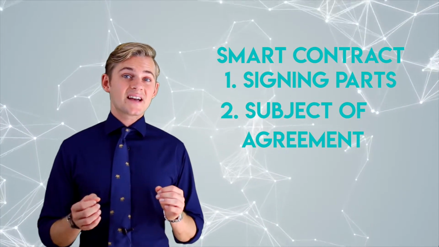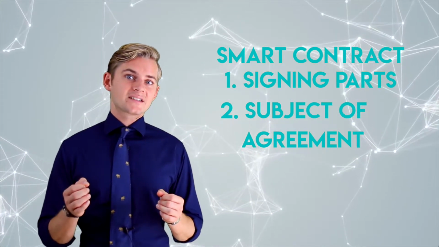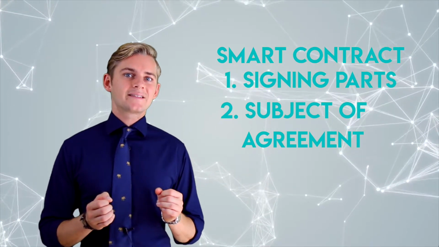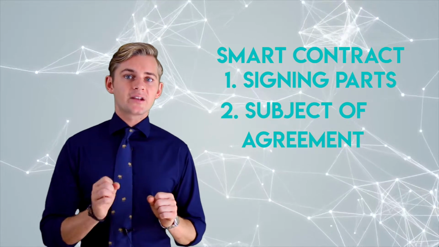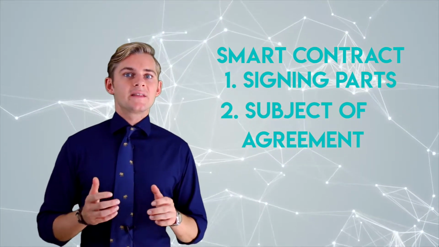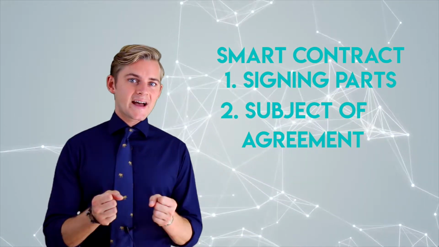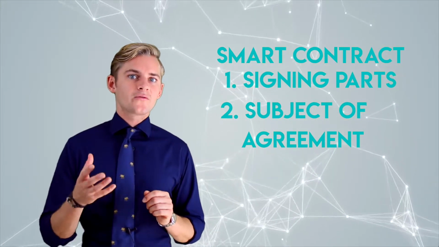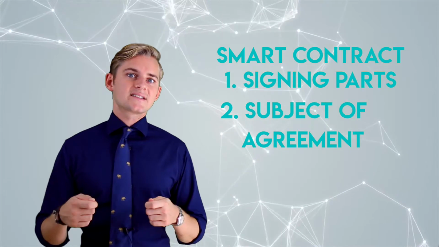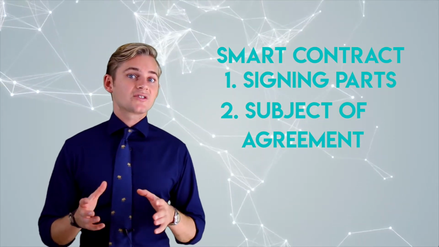This means the smart contract should have access to the object it is defining. For example, if you will get funds from signing a contract, then the smart contract should have access to the funds. If all the parameters within the contract are fulfilled, the contract will send the money to the person who should get it.